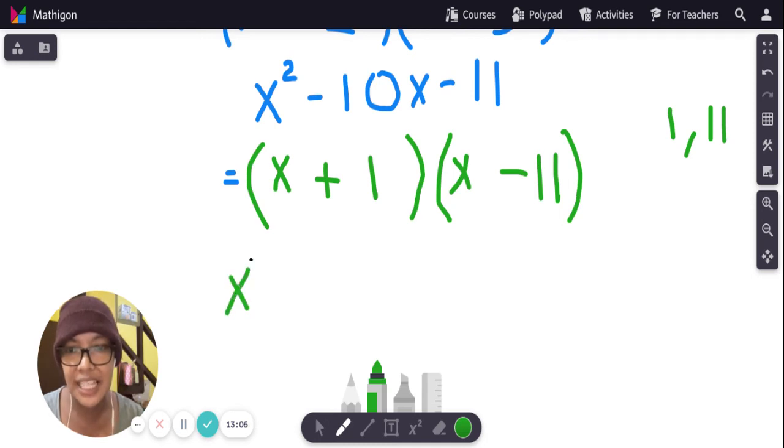So, taasan natin ng konti. Ito po, medyo mahaba yung factor, pero dun tayo sa factor lang agad niya.